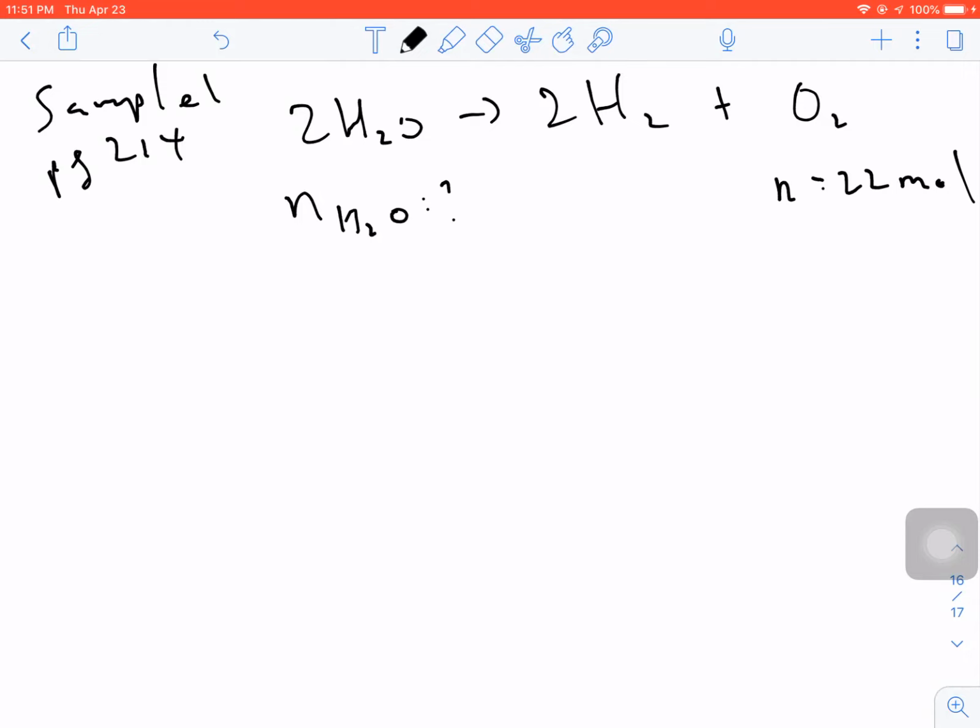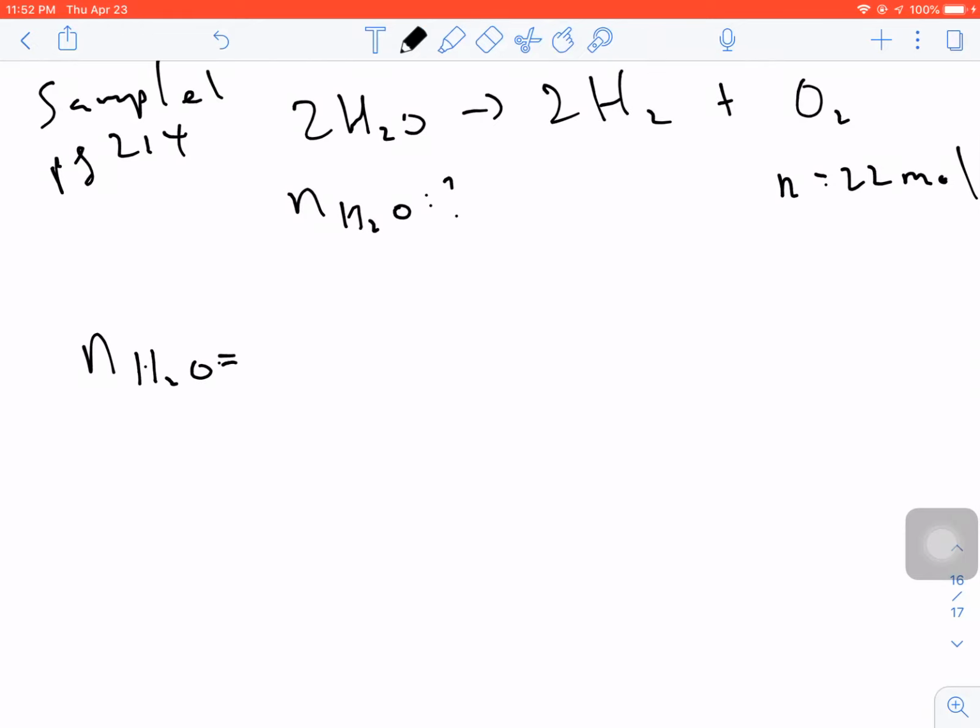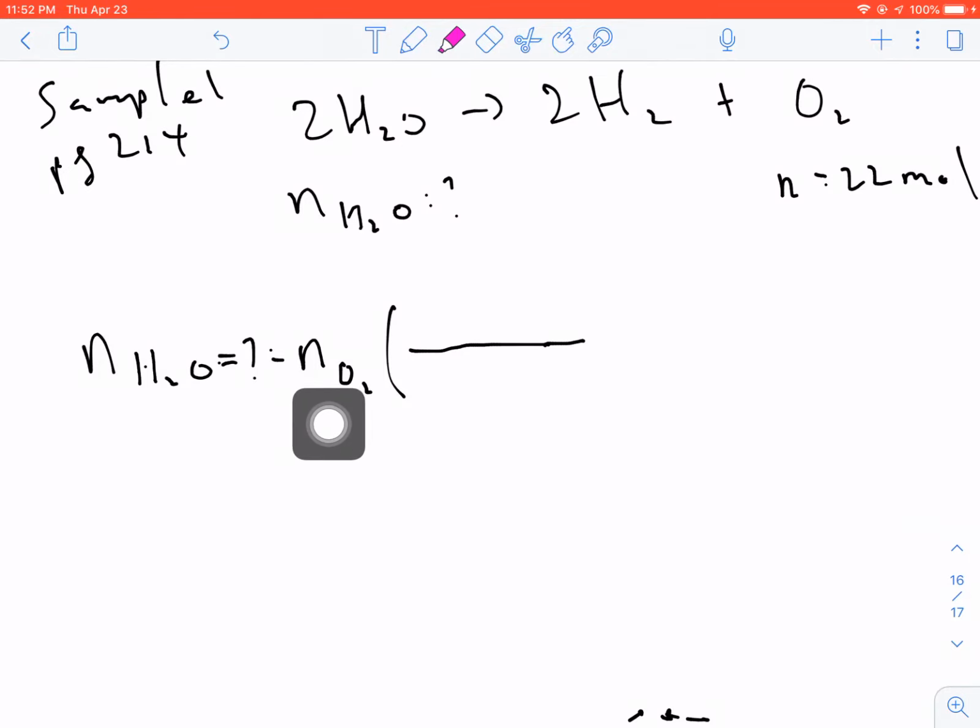The number of moles of H2O, which is my unknown, is going to equal my known, the number of moles of oxygen, times my mole ratio. The mole ratio has the compound that I'm trying to get rid of, which is the oxygen, and I'm trying to get water for my answer. So I'm going to put my water on top.